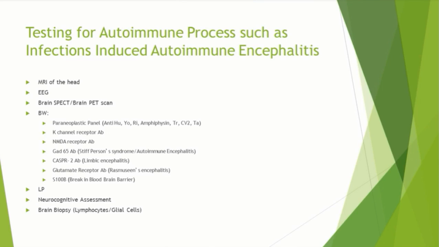So you check their MRI of the head, and don't get upset if it's negative, but it can show slight abnormalities like scar tissue, these white matter changes that are not specific.